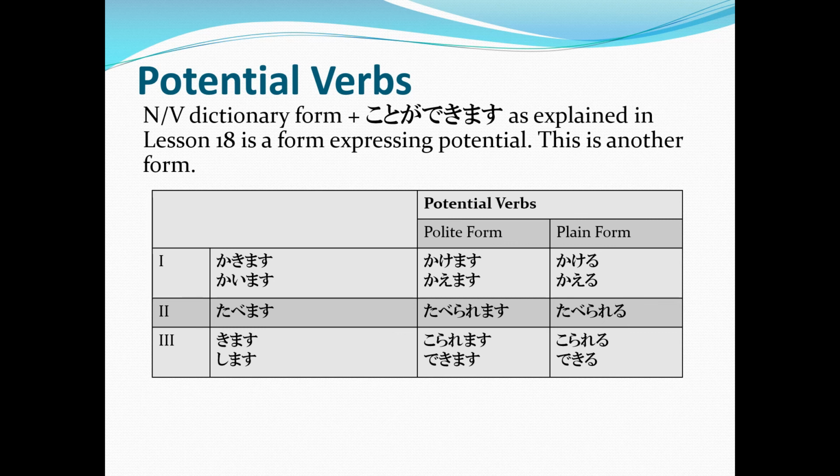Can you give me, or should I give you another group 2 verb, then translate it into a potential verb? Okay, how about to wake up? Again, to wake up, okimasu. What is the potential verb in the polite form of okimasu?